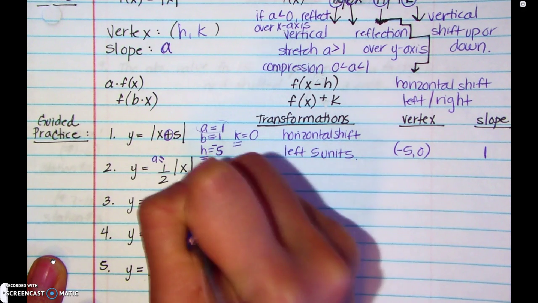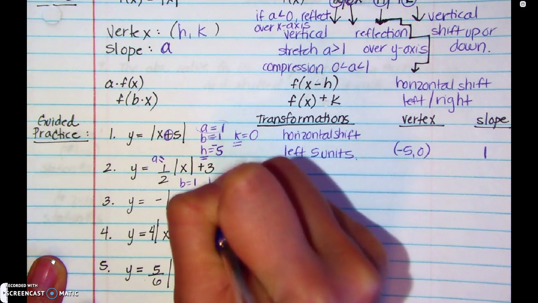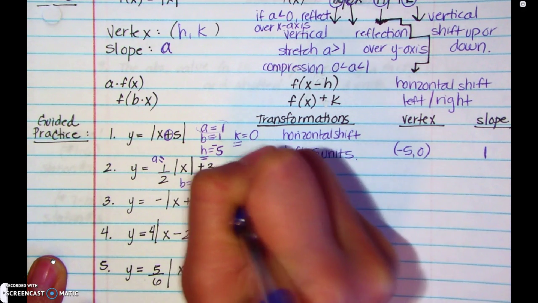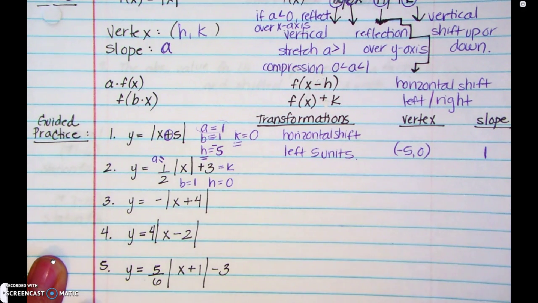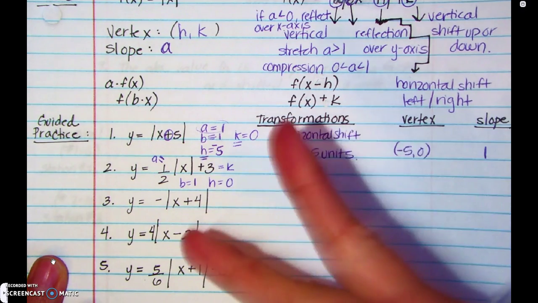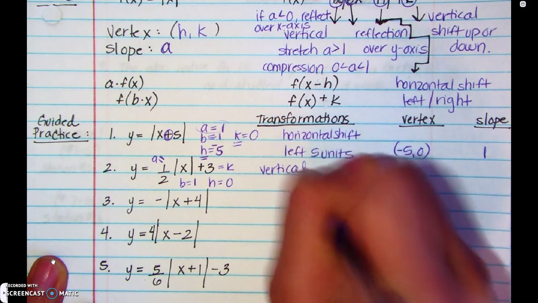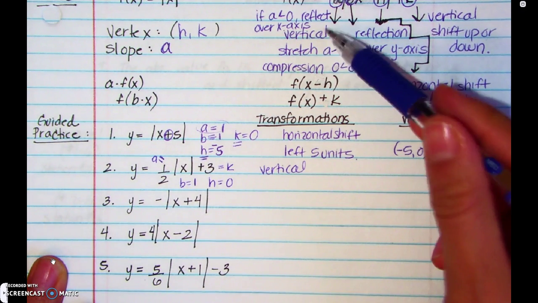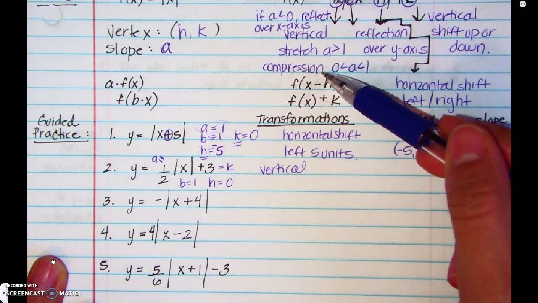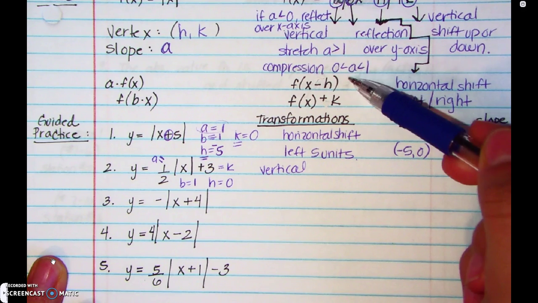B is equal to 1. H is equal to 0, and then k is equal to 3. So in this case, there's two transformations. A gives you either a vertical stretch or a vertical compression. Is A bigger than 1 or between 0 and 1?